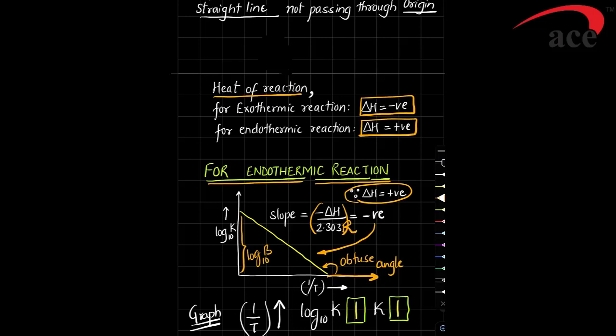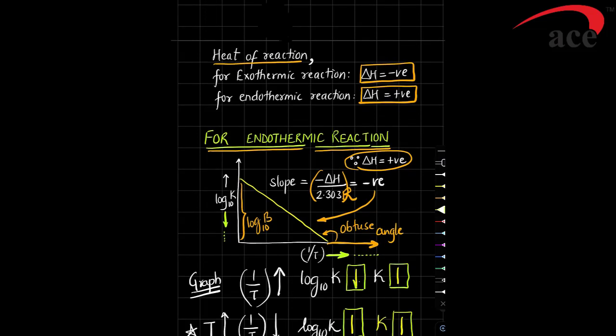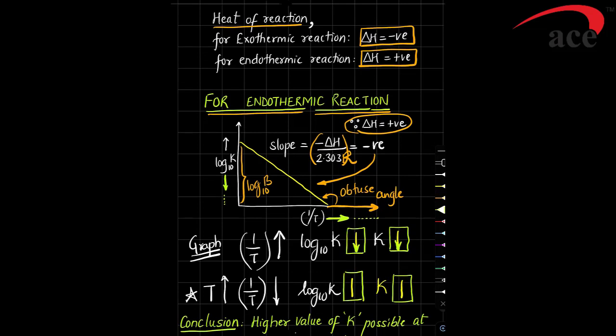Now if you analyze this, as 1 by T is increasing in this direction, log of K is decreasing. If log of K value is decreasing, K is decreasing. So if 1 by T is decreasing, log K value will increase because they are inverse to each other.